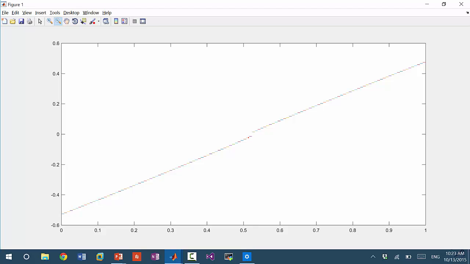And over here, you get flux from the right hand side. So the Godunov scheme, as we said, is first order accurate, and this I think is a manifestation of that. So if you refine the grid, you're going to see this is going to be less.